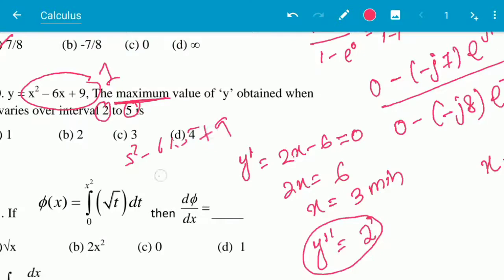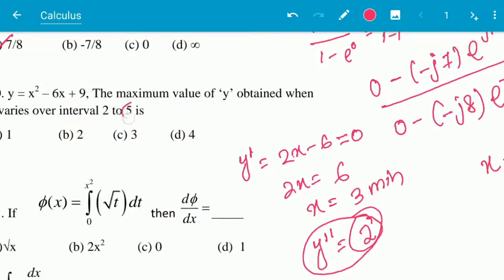What will this be? This will be 4. So this is greater than the other one. So the maximum value is 4, and this will be at 5. This is asking for the maximum value.